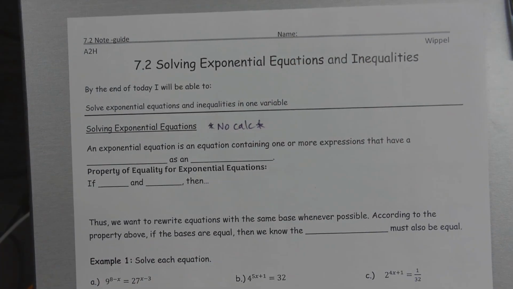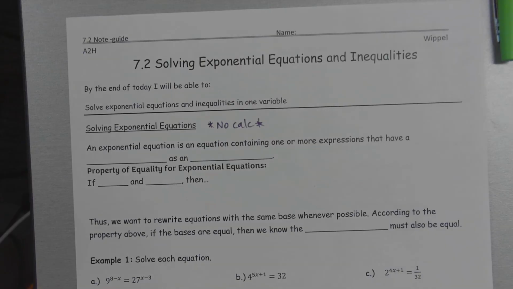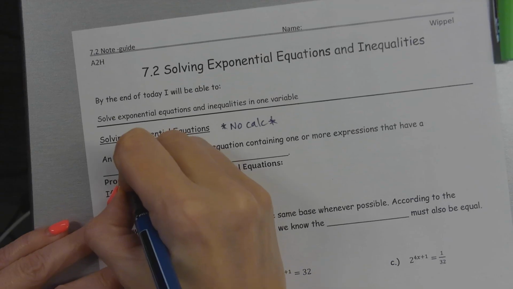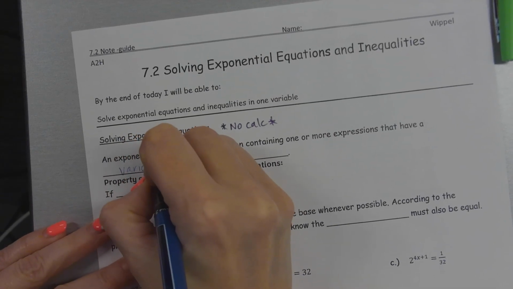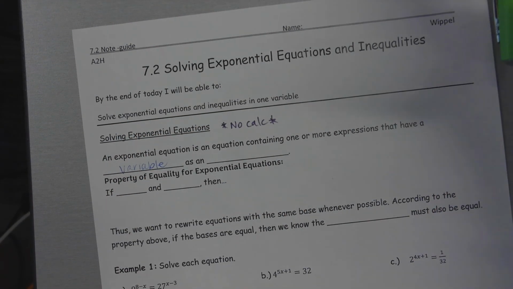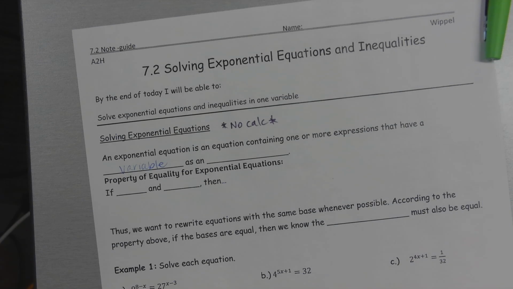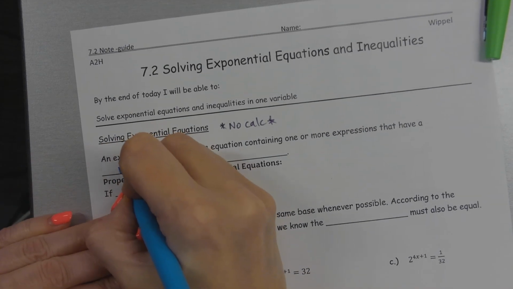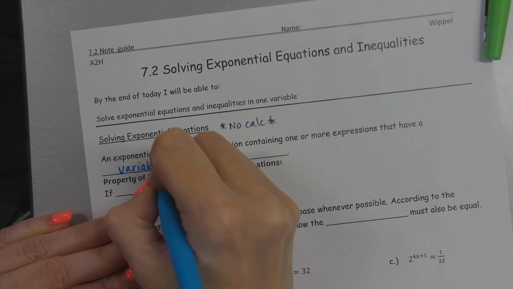Okay, so an exponential equation is an equation that contains one or more expressions that have a variable as an exponent. You have to have your variable as the exponent.